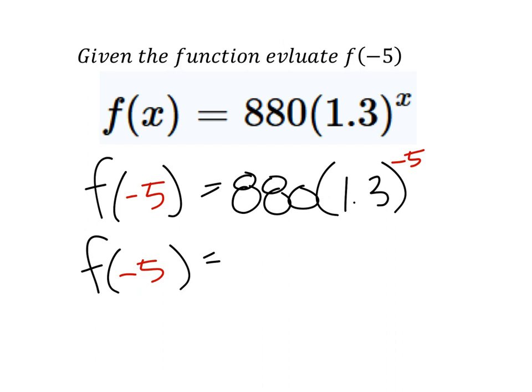Just be careful, because of the order of operations, you're not going to do 880 times 1.3 and then find that power of negative 5. You got to do 1.3 to the power of negative 5 first, and then multiply that by 880. Again, that's just order of operations stuff. That's what I got. Again, that's just plugging it into the calculator. So hopefully that's what you got too.